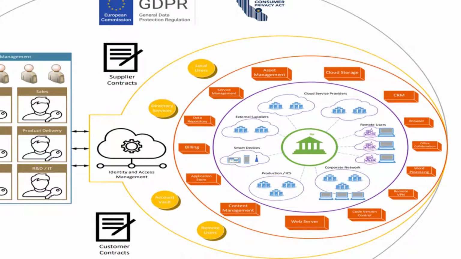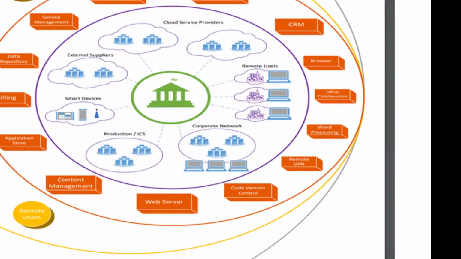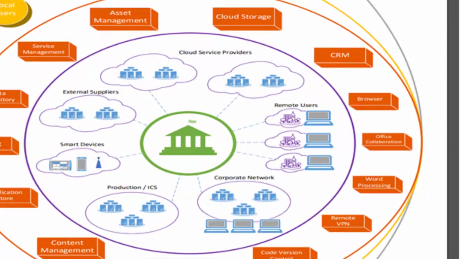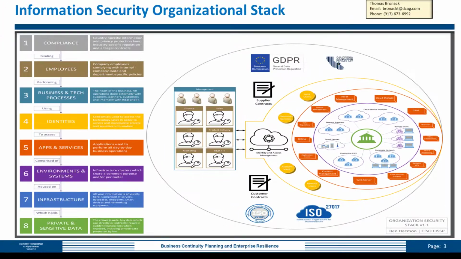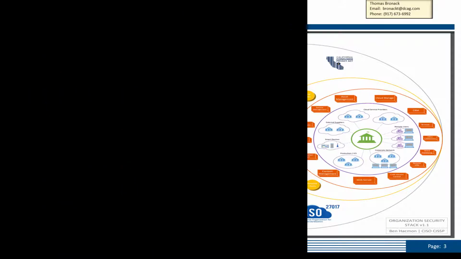The middle ring contains all of the authorized services and work centers used to construct and maintain your network environment. The inner ring contains the locations connected within your environment, including cloud service providers, remote users, the corporate network, production data centers, smart devices, and external suppliers. From this overview, you can easily see why business continuity management is so important and why it is so complex.